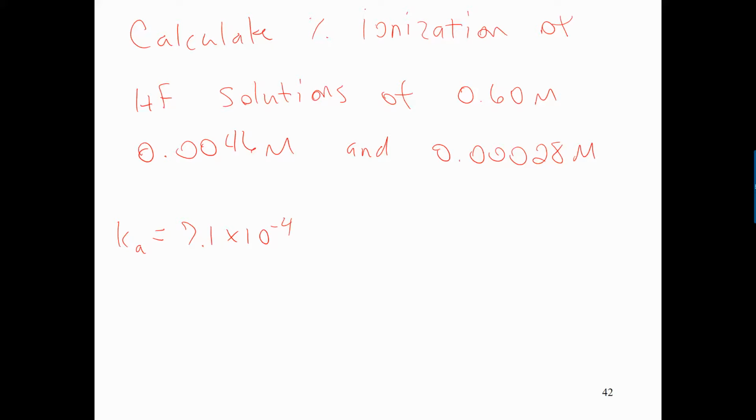So it's H plus over the initial concentration, which I have. These are all the initials, right? And I need the equilibrium concentration of the acid, H plus. I need to know what H plus is at equilibrium, and I'm going to put that over the initial concentration. How am I going to find the equilibrium concentration of H plus?